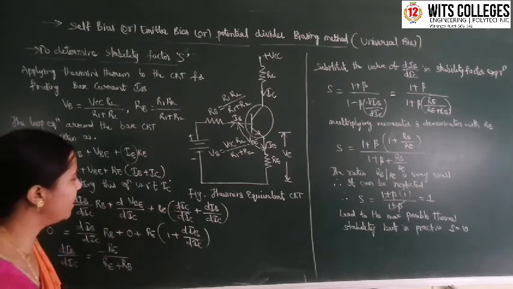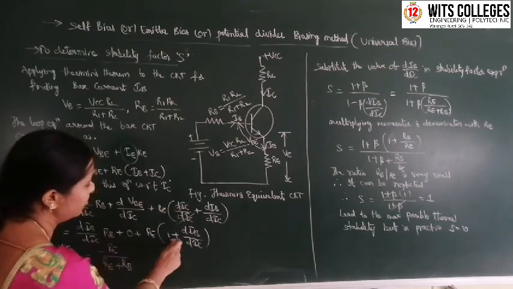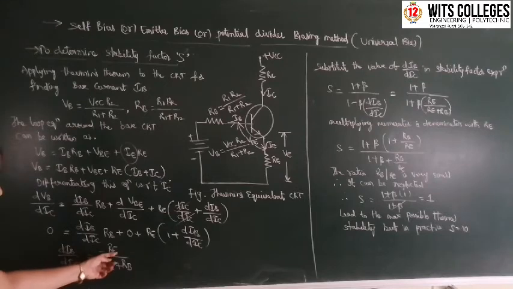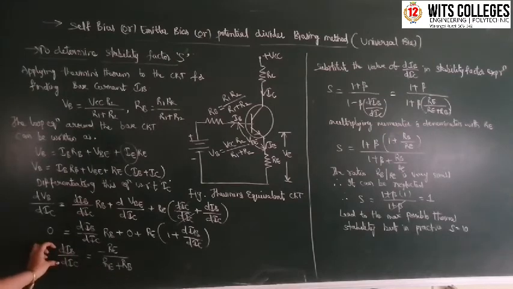RE into dIC by dIC is 1, so 1 plus dIB by dIC. So dIB by dIC equals minus RE by RE plus RB. This is the derivative of the base current with respect to IC.